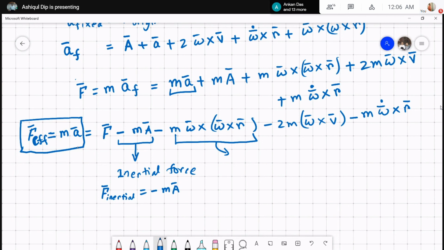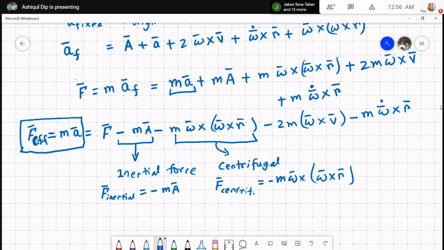And then this one, you know what's this? No, it's not Coriolis. It's centrifugal force. Yes, centrifugal force. This is negative m omega cross omega cross r, right?